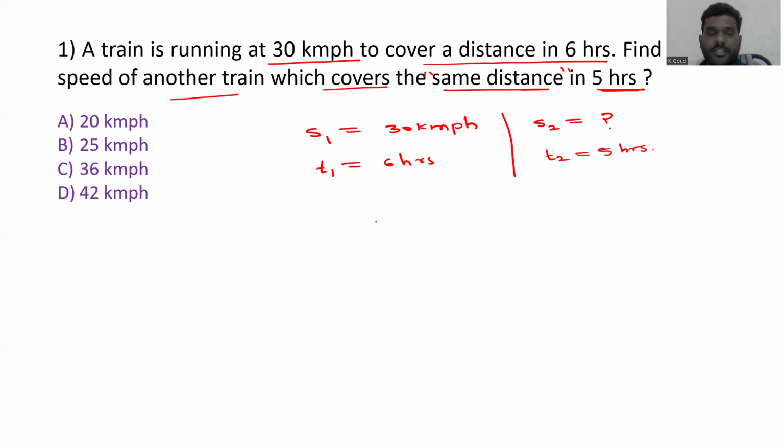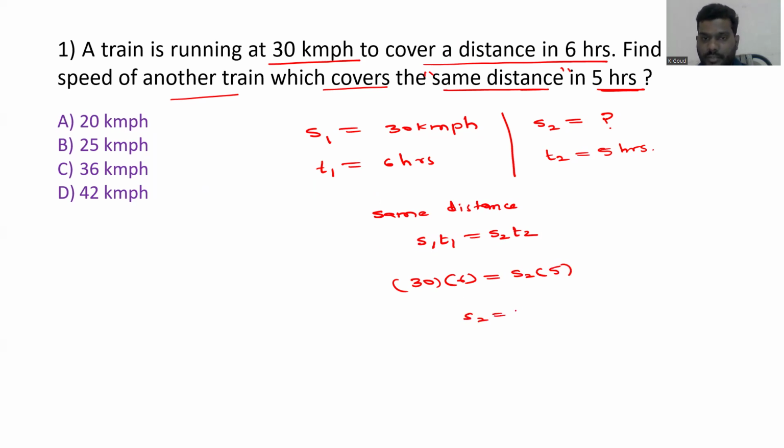So for the same distance, what is the condition? S1 T1 equal to S2 T2. S1 means 30 from this problem, T1 is 6, S2 we have to find, T2 is 5.